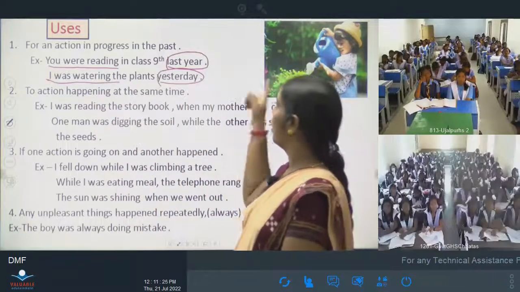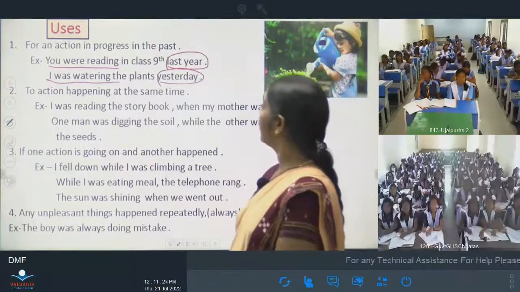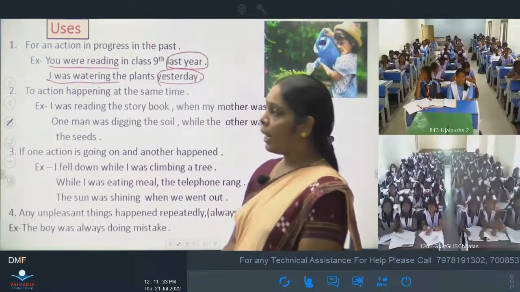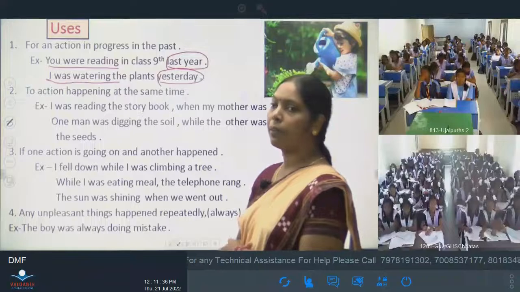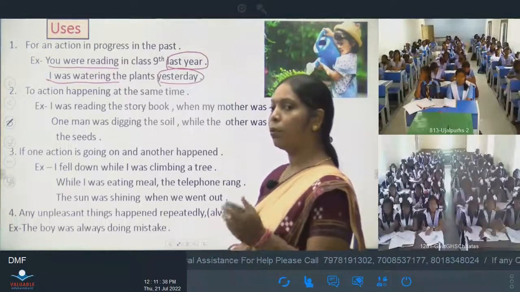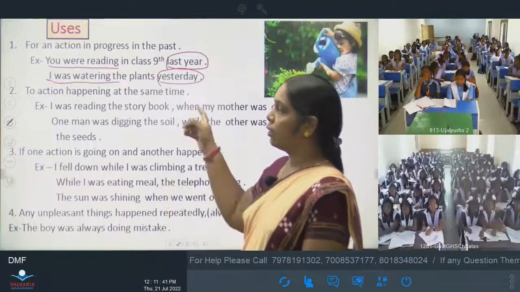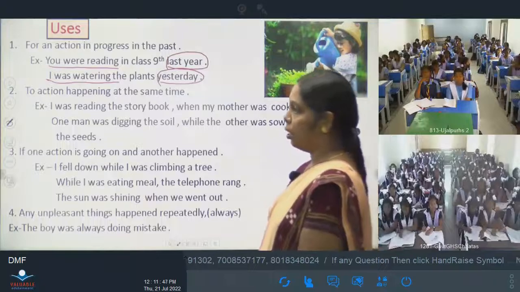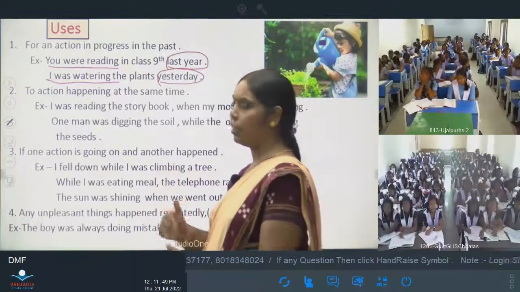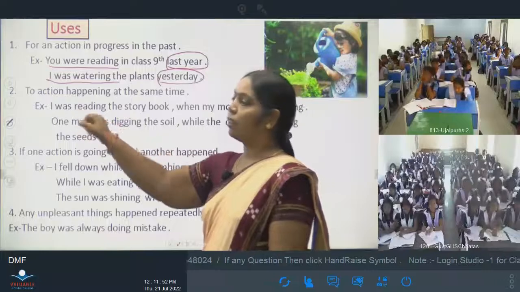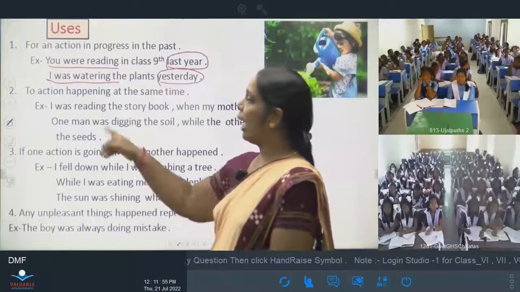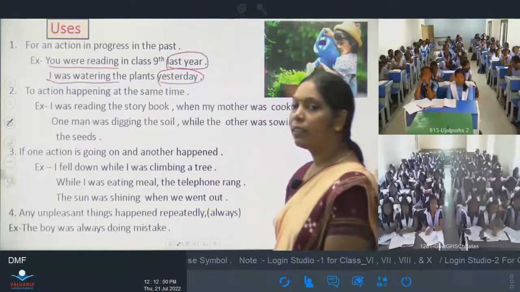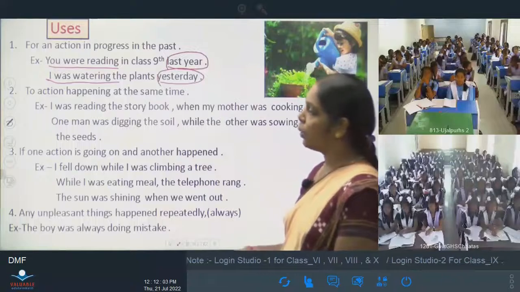Past progressive. Here you see the picture, the beautiful picture here. Again, we use past progressive for an action happening at the same time. ଗୋଟିଏ ସମୟରେ ଦୁଇଟି କାର୍ଯ୍ୟ ଚାଲୁଥିଲେ, ସେଇଟାରେ ଆମେ past progressive ବ୍ୟବହାର କରିଥାଉ। Two actions going on contemporarily. So here is the example here. I was reading the story book when my mother was cooking.